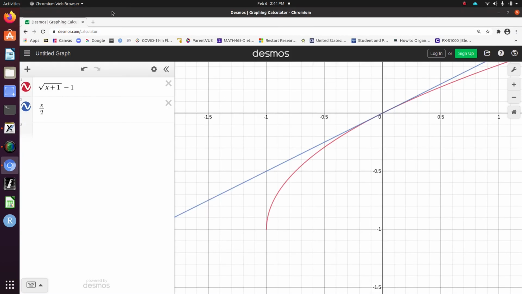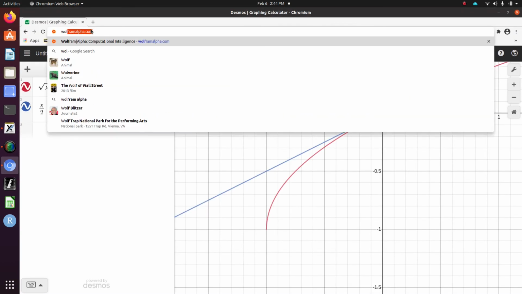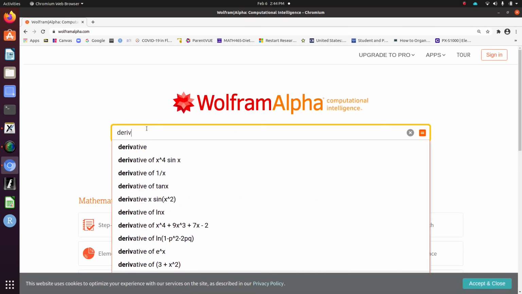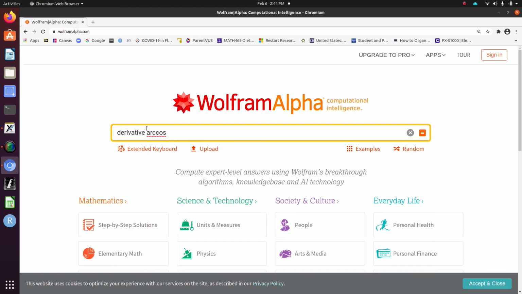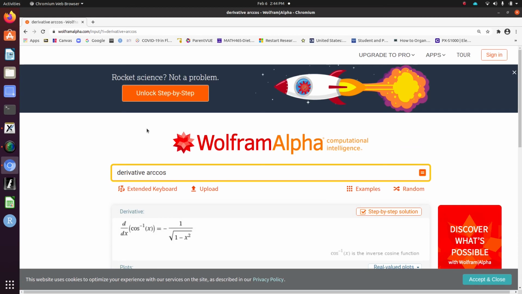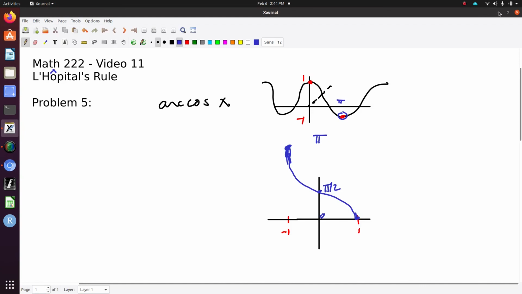Like you'd have to go to Wolfram Alpha because the derivative of arc cosine is just nasty. Fine, arc cosine of x, whatever. But you really don't want to deal with it. I mean, you can if you want, there it is. But there are just easier ways to deal with it. Just think about it conceptually rather than with a whole bunch of nasty algebra.